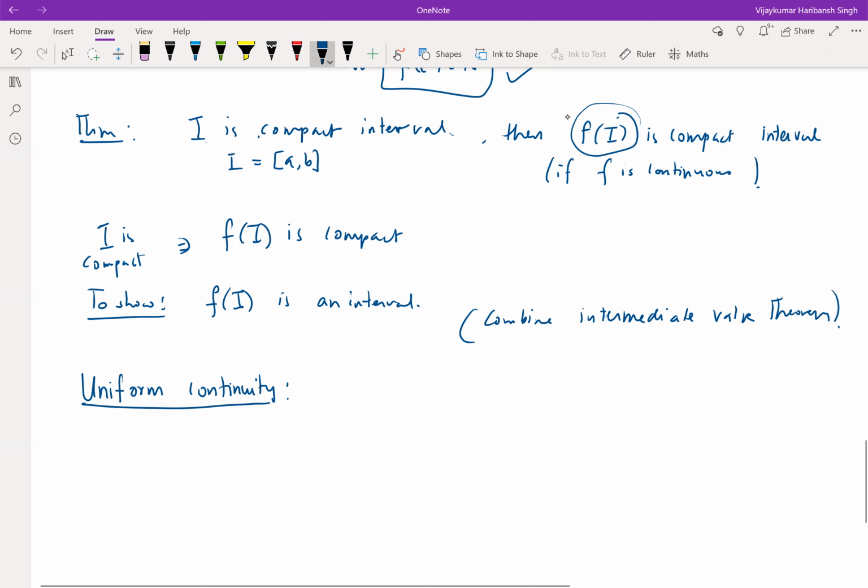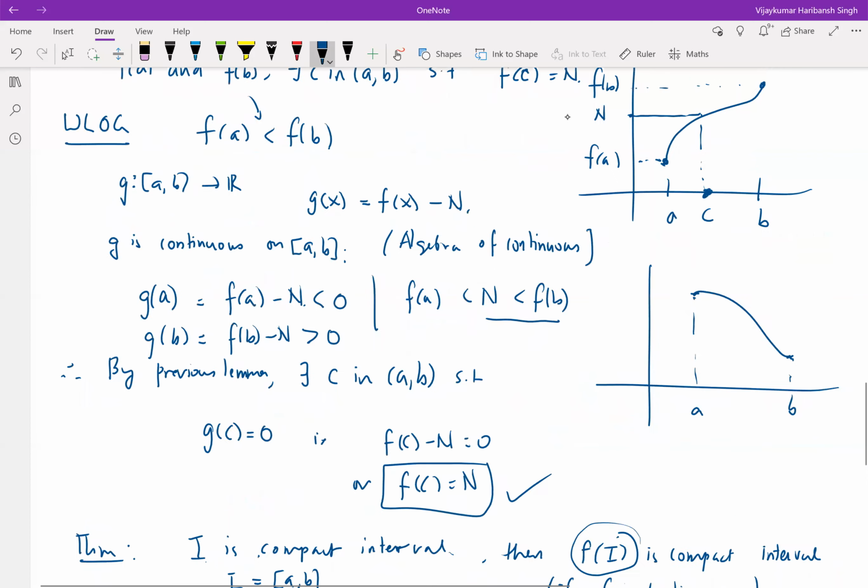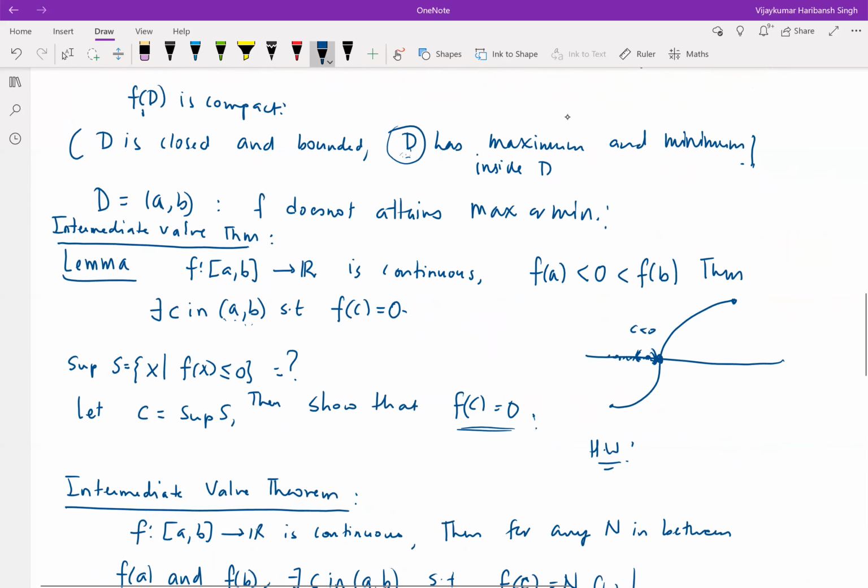Before we go to uniform continuity, is there any reason for studying it? Why do we care about something more than continuity? Well, first of all, continuity is not that nice. It does not preserve a lot of things. It did not preserve boundedness: if a set is bounded, the image was not necessarily bounded.